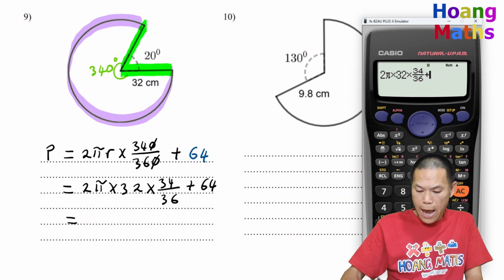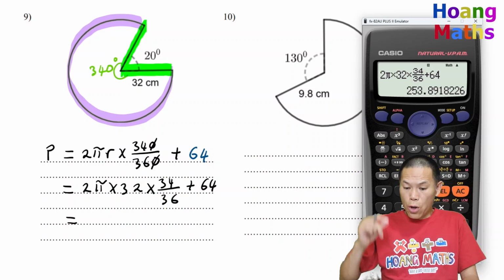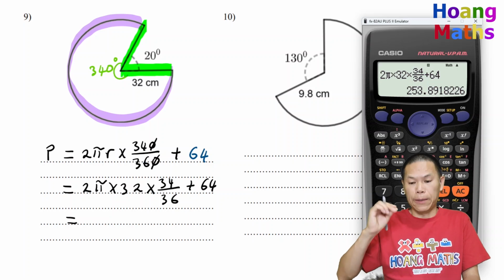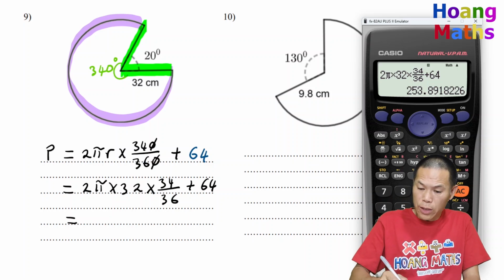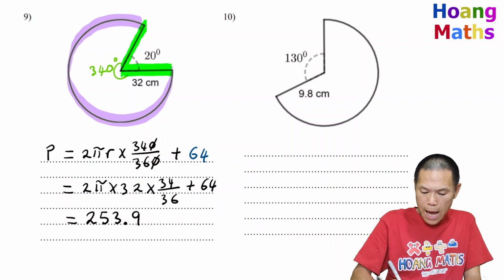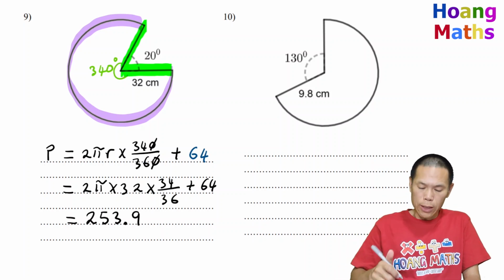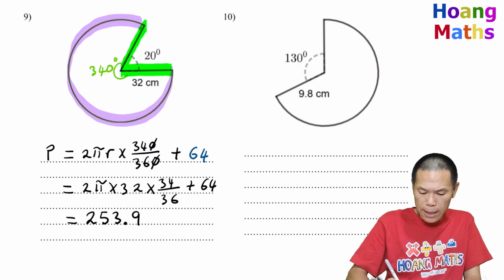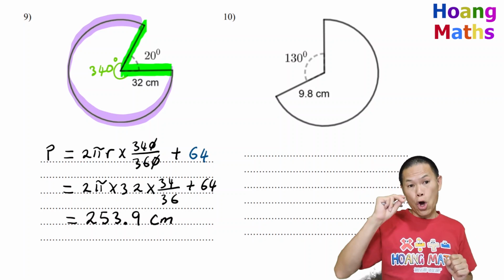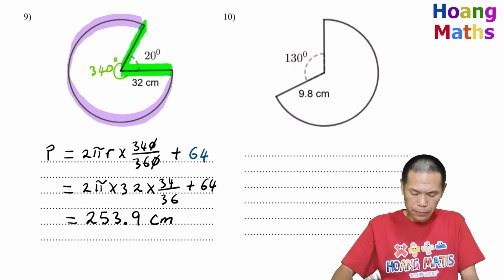And then we add 64. So there you go, 253.9. And do not forget the units, okay, because it's perimeter, so it's centimeters in this case here. So there you go, and I hope you got it correct.